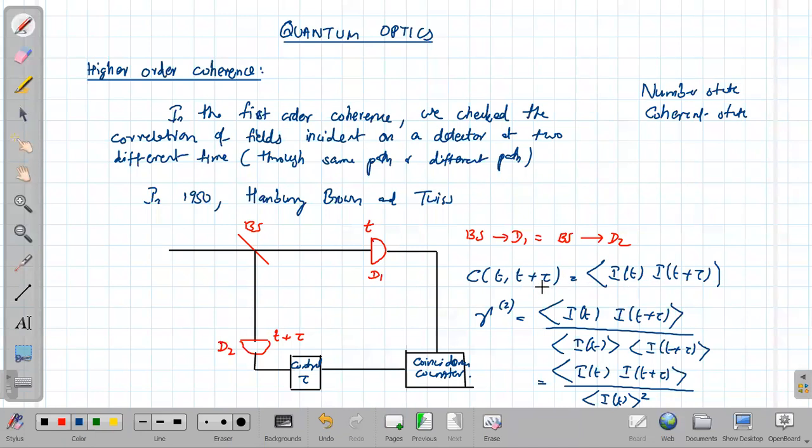Now this probability, the probability of the coincidence counter, is usually denoted by the symbol G2(t, t plus tau). So now we have two definitions. G2 is the intensity at time t times the intensity at time t plus tau, where these are the intensities at two different detectors.